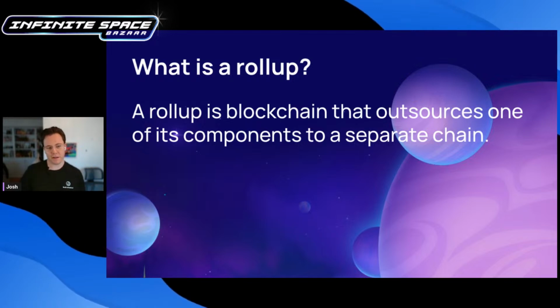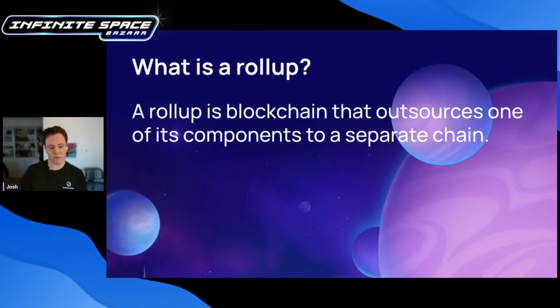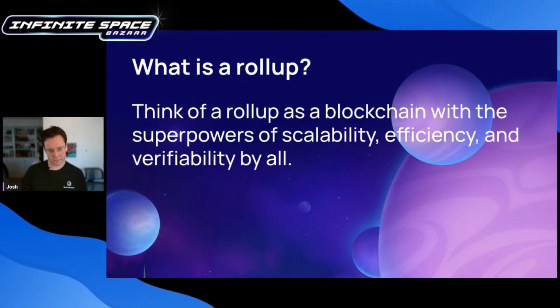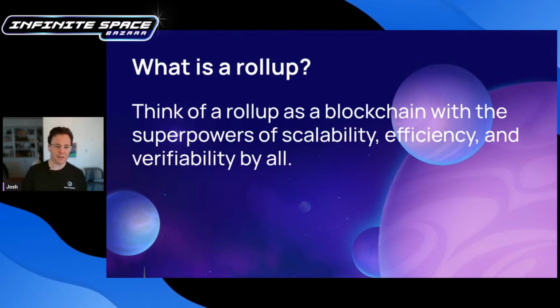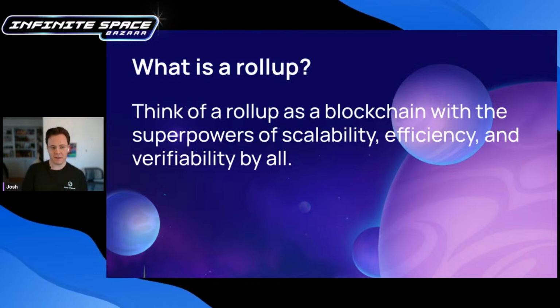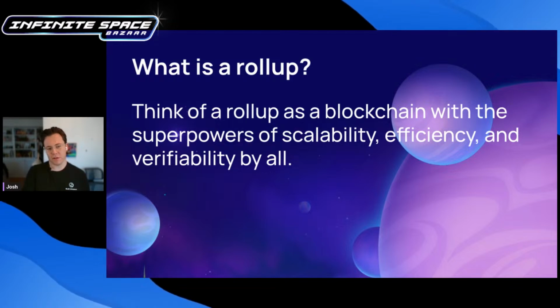But at the end of the day, they are just a blockchain with a little bit of a different design than we're used to. And we can think of a rollup as a blockchain with the superpowers of scalability, efficiency, and, in the case of using Celestia for DA, verifiability by all.